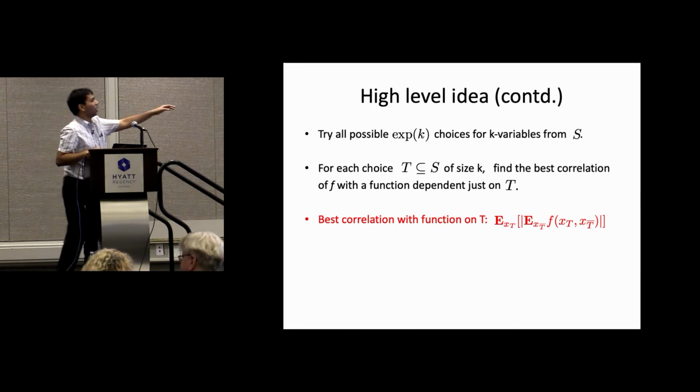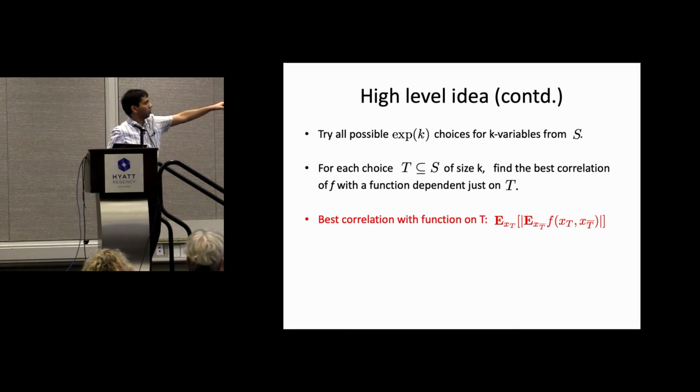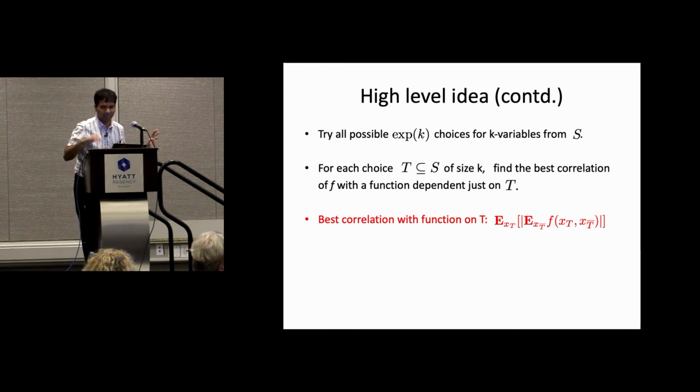Again, this is not too hard to see. The best correlation with a function on T is the thing I've written in red. Okay, this can be easily checked.